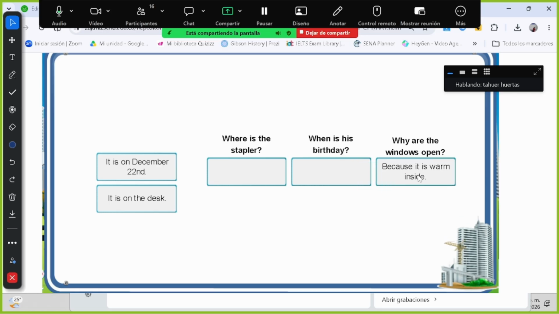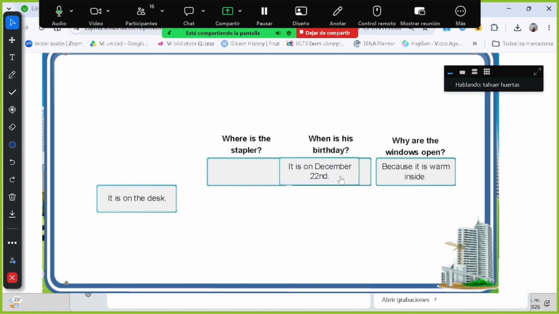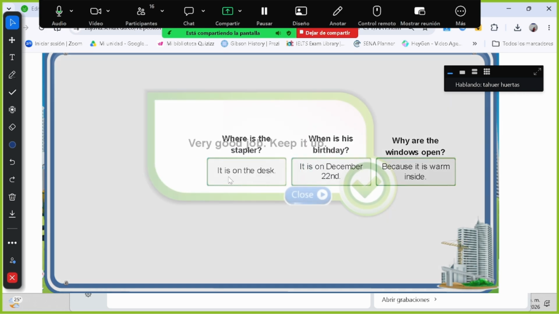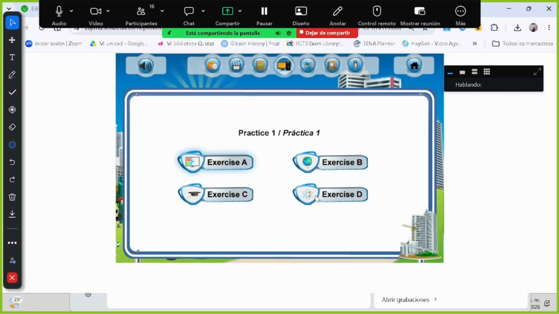Why are the windows open? Because it is warm inside. It is on December 22. A or B? Where or when? B, very good. And this is A, obviously. Good job. Very good job. Keep it up. Very good.